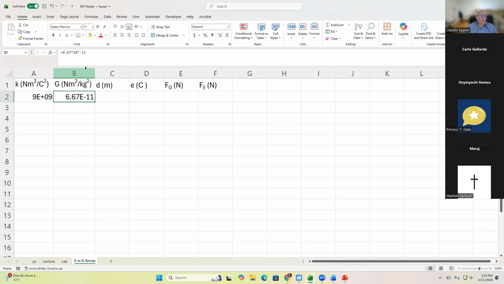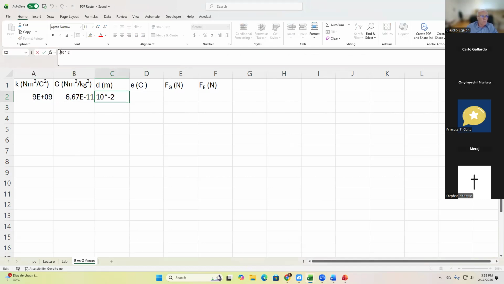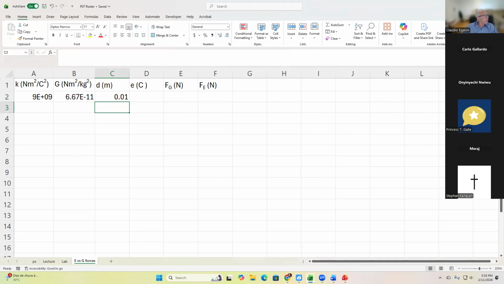If they are a centimeter apart, they're going to be 10 to minus 2 meters apart. You have to remember the electric charge, right? You remember that?